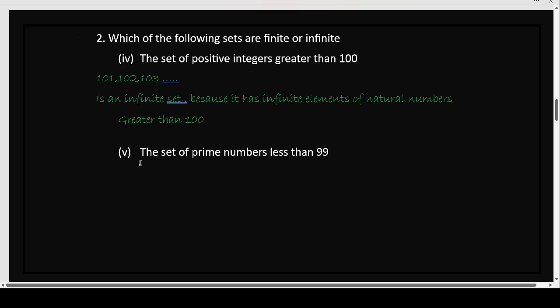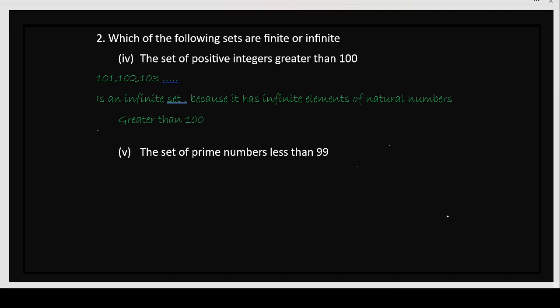The next one, the set of prime numbers less than 100. See, less than 100 means it has a limited number of elements. So this is definitely a finite set.